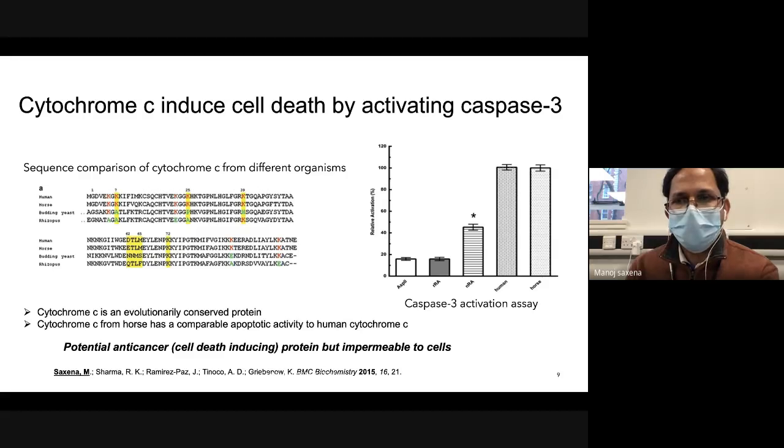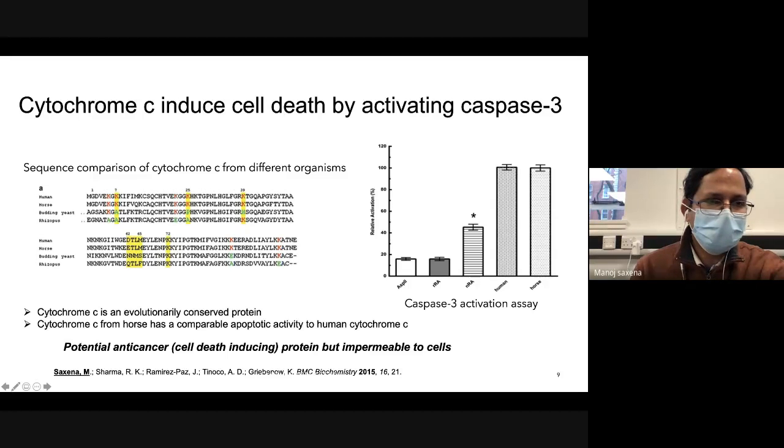Among these, caspase 3 is one of those enzymes, and on this slide, what you're looking at is that even if you take cytochrome C from different sources, sequences of which are compared here, human, horse, or rhizopus, which is a form of fungus, you will see, if you compare the activity in this graph, that there is a difference in activity of this caspase activation, but there is activity, and this activity relates to how well these different cytochromes match in their sequence.